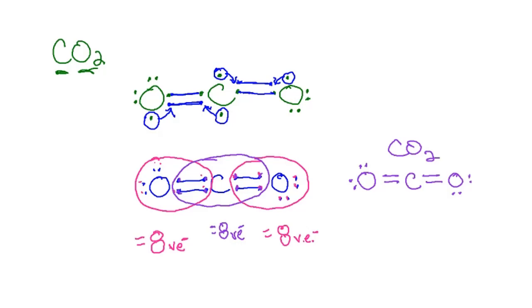Alright, let's try another one. Now let's look at H2CO. Now carbon is going to form the most bonds with H2CO because carbon has the most lonely electrons. Because here's carbon all by itself. So see, carbon has 4 lonely electrons.